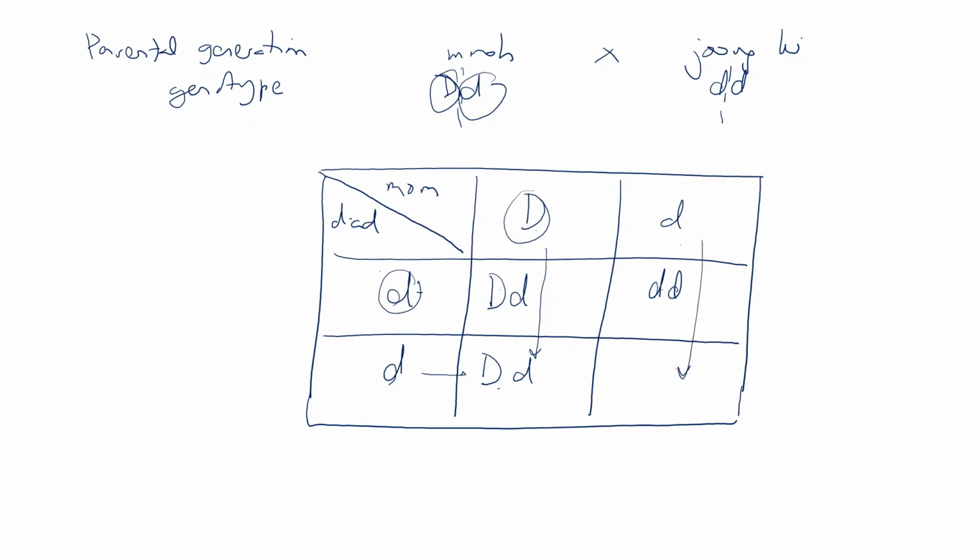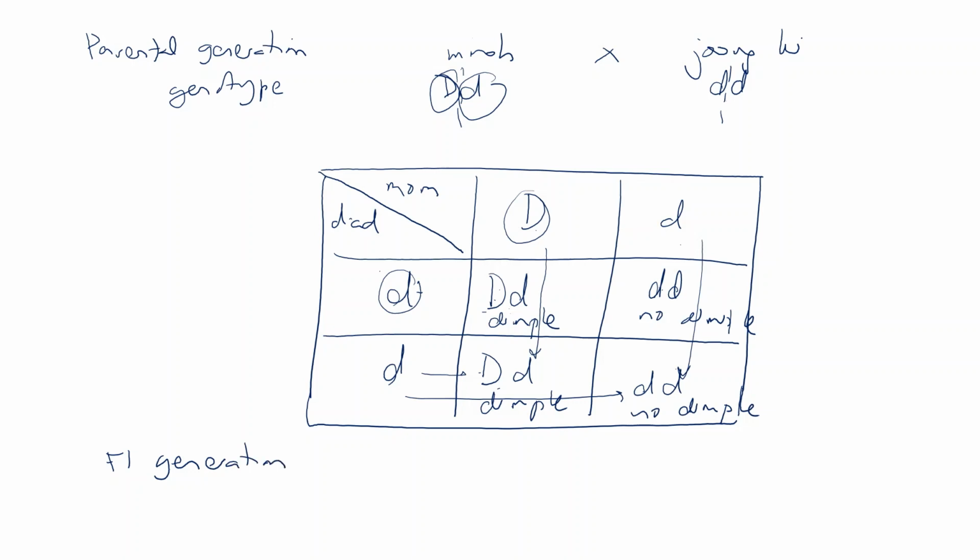This is the genotype for the F1 generation. What is the phenotype? Capital D, small d means having a dimple. This one also has a dimple. This one no dimple. This one no dimple.